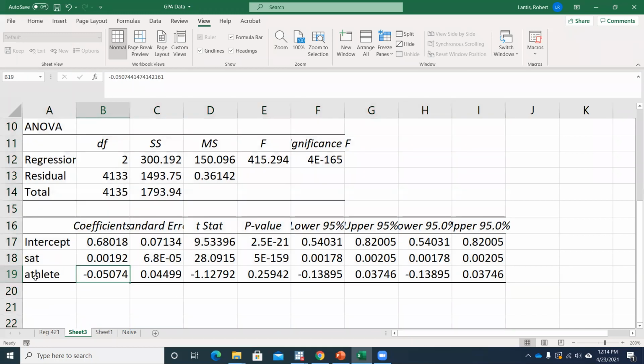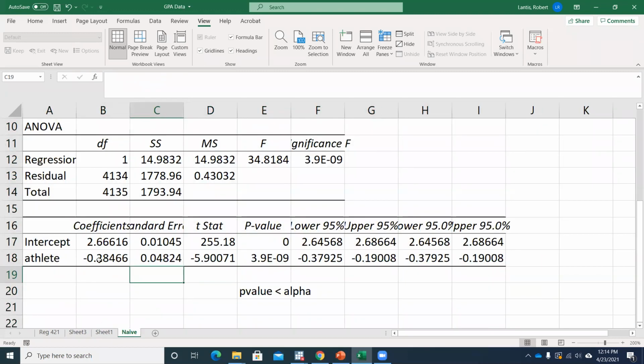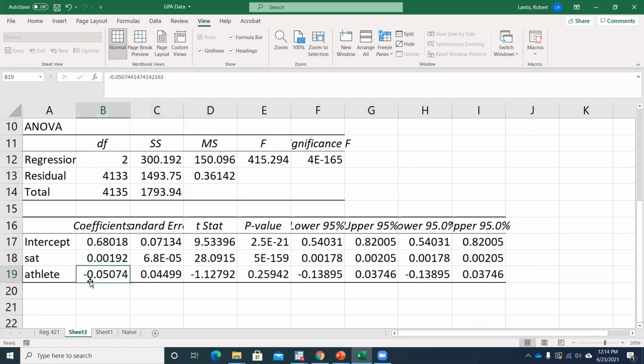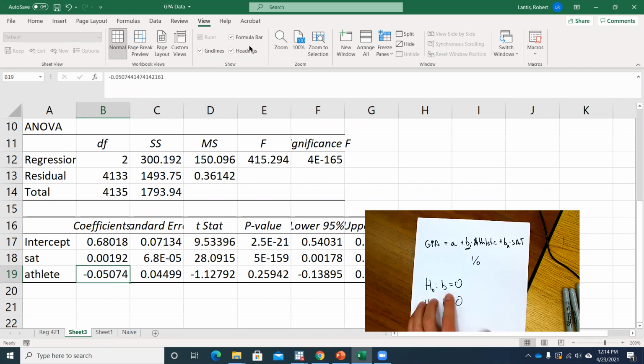So now if I look at the coefficient on athlete, well, before it was negative 0.28, now it's only negative 0.05. And not only is it negative 0.05, my p-value is 0.25, so I can't reject the null. If I can't reject the null, what I'm saying is, yeah, that true relationship could be 0.